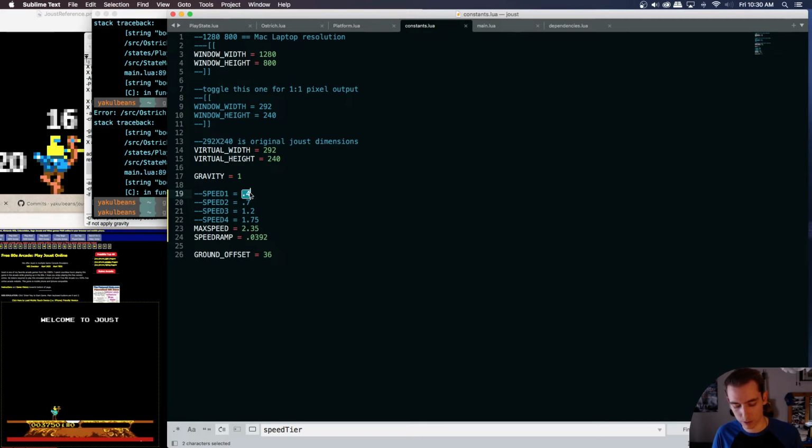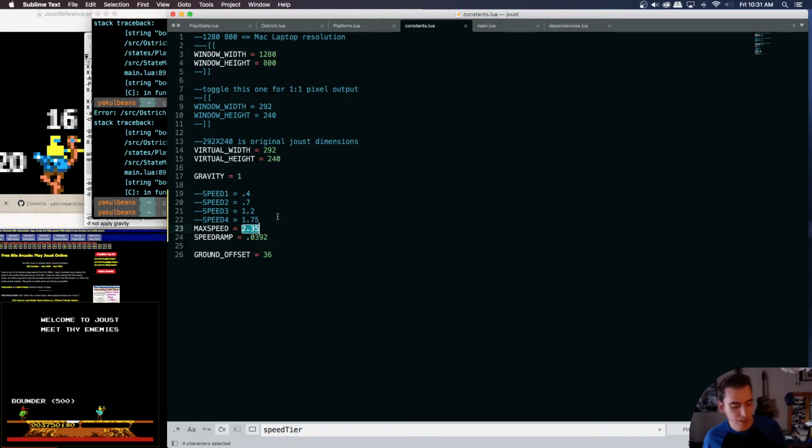So speedTier 1 is 0.7, while our max speed would have been 2.35 plus 0.3, so 2.65 on our FPS. Okay, so that's our range, 0.7.